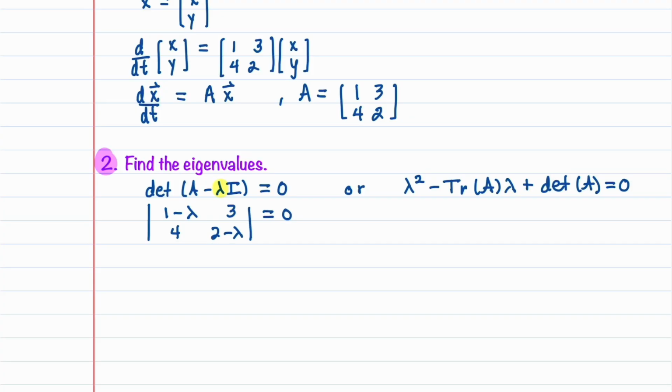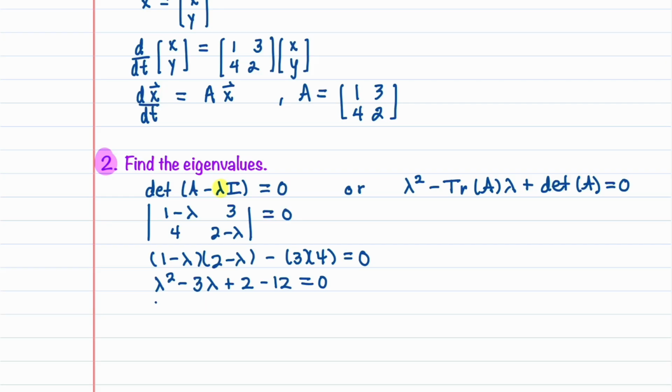When we find the determinant, we multiply the main diagonal elements, 1 minus lambda times 2 minus lambda, and then we subtract off the off diagonal elements, which is 3 times 4, and that's equal to 0. This gives us lambda squared minus 3 lambda plus 2 minus 12 is equal to 0. So we have lambda squared minus 3 lambda minus 10 is equal to 0.